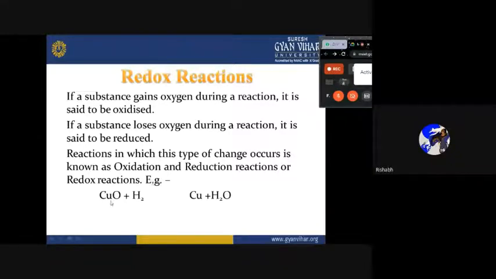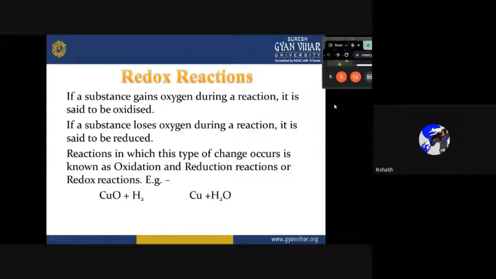For example, the reactants are copper oxide and H2. Here copper is losing the oxygen and the hydrogen molecule is gaining the oxygen. So copper is being reduced, and the hydrogen molecule is being oxidized.